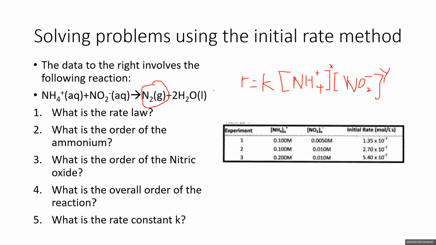Now, what's the order of the ammonium? How are we going to figure that out from this data? Look at experiments 3 and 2. Notice that the nitrite concentration is the same, but the ammonium concentration is doubled. And look at this, the rate of reaction is doubled.